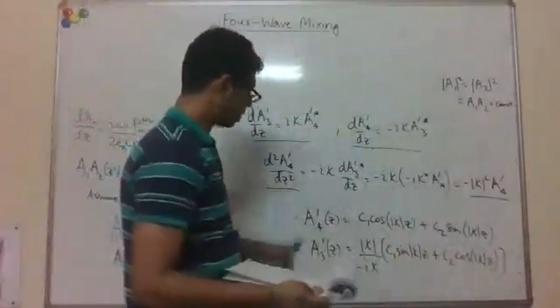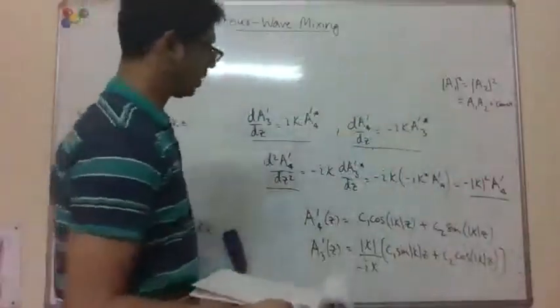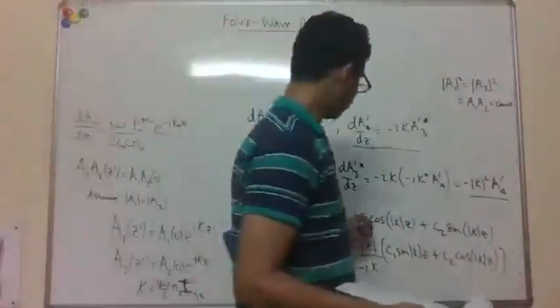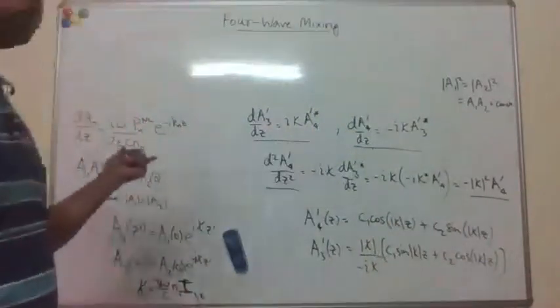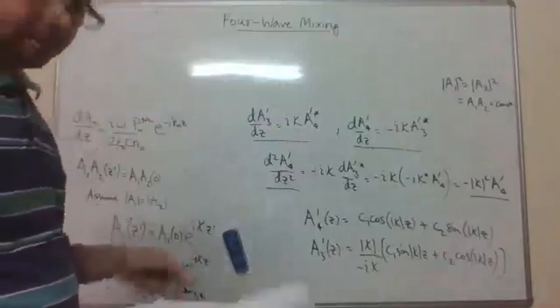Right, so I have solutions for A4 and A3, and I need to determine constants C1, C2, which we'll do from boundary conditions, right?